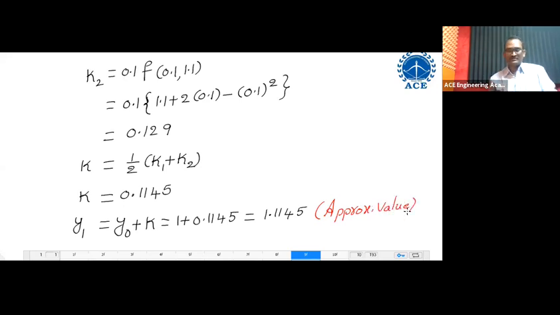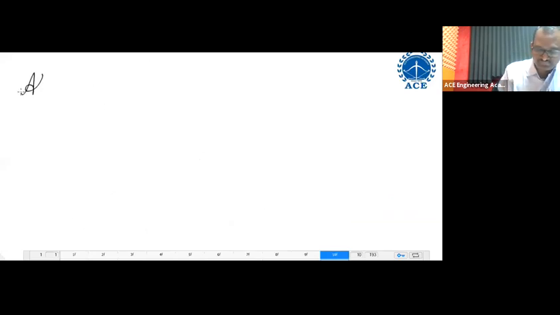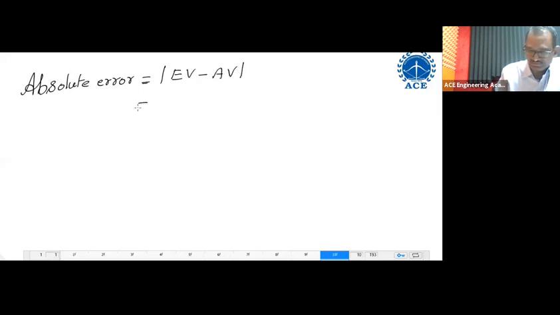This is the approximate value. Now, absolute error means modulus of exact solution minus approximate solution. Modulus of exact value minus approximate value.